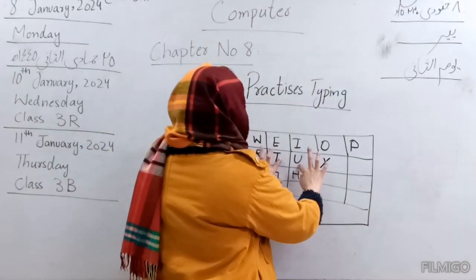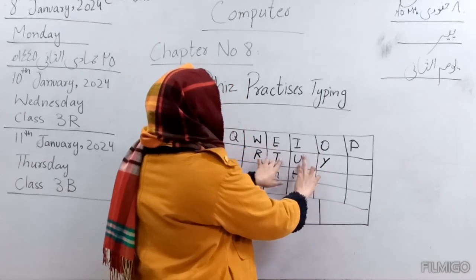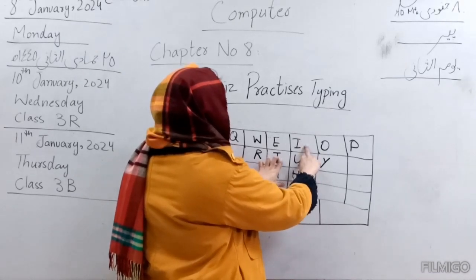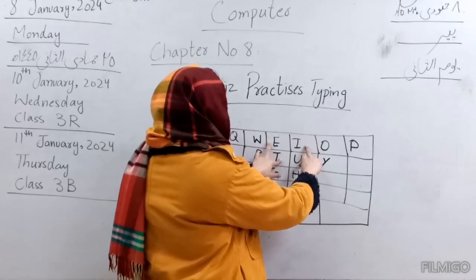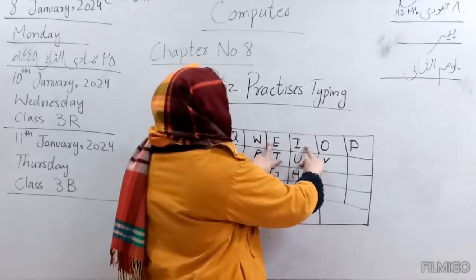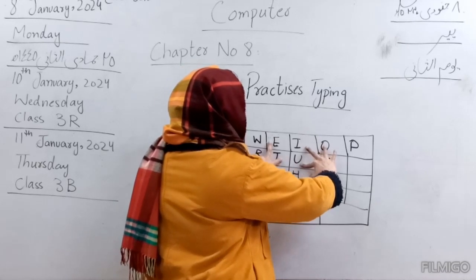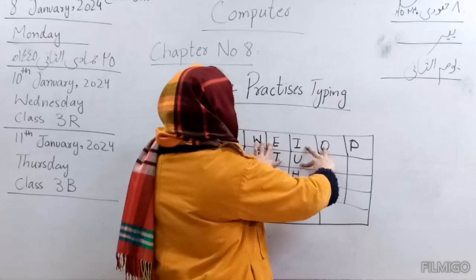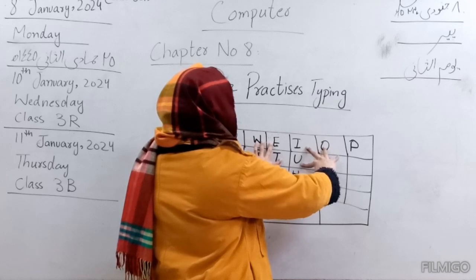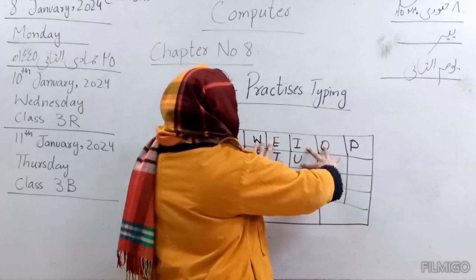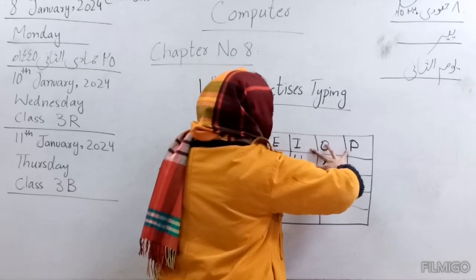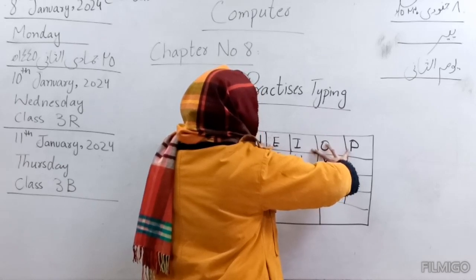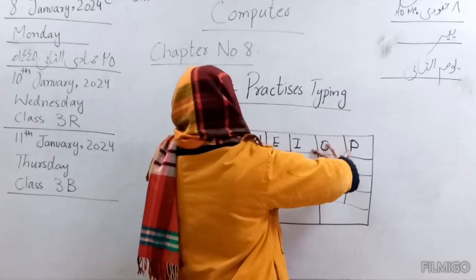Just like that. And then you use your right hand middle finger to press the I key, and your left hand middle finger to press E, and then your right hand ring finger to press O, and then your left hand ring finger to press W, and then your little right hand finger to press P. These keyboard keys are so long that my fingers are not placed at the right distance.